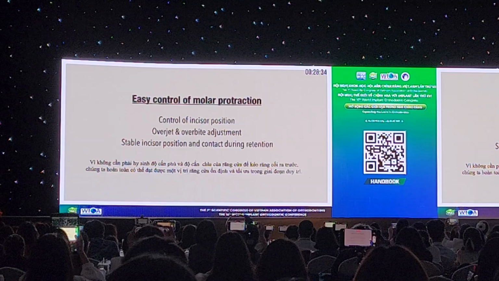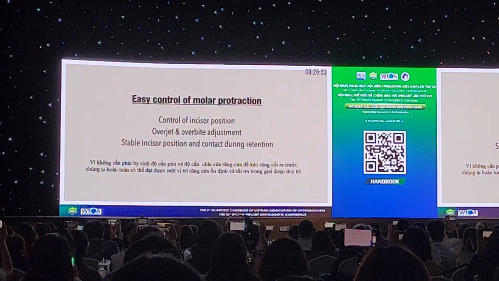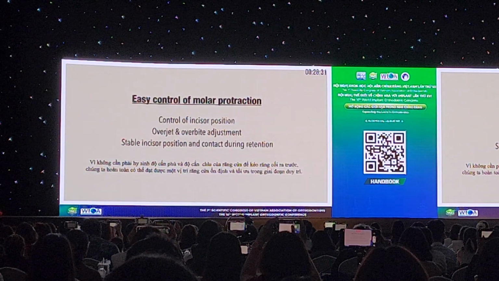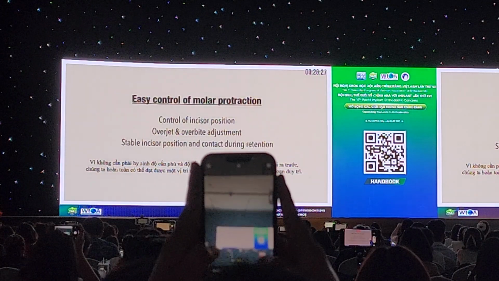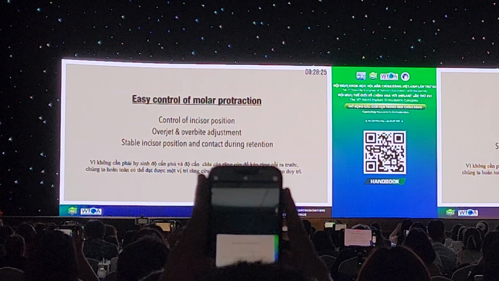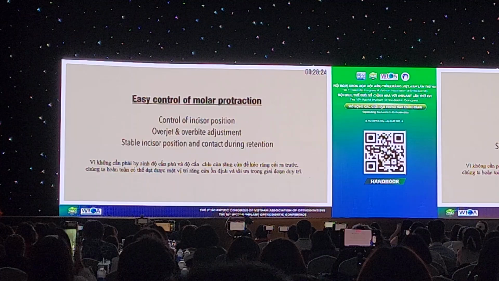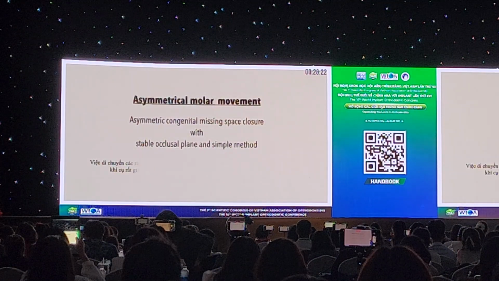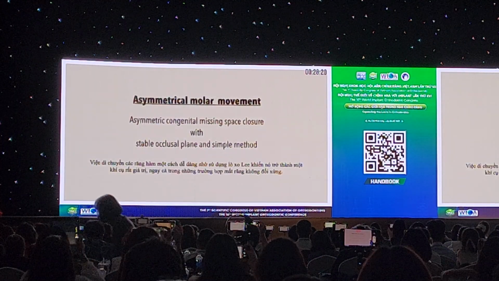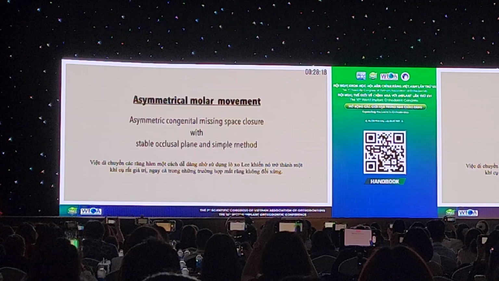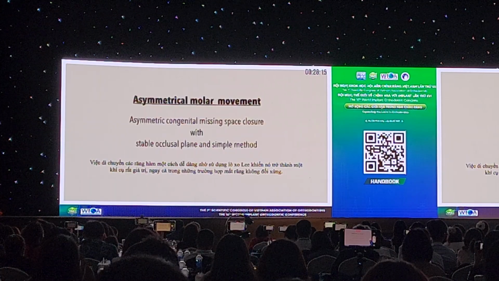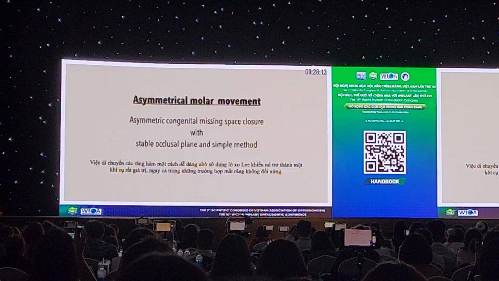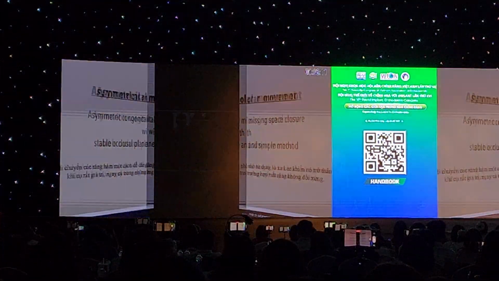Since it is unnecessary to compromise the overjet and overbite of the incisors to advance the molars, we can achieve a favorable and stable incisor position during retention. The ease of moving the molars with the respring makes it a valuable tool, even in cases of asymmetric tooth loss.